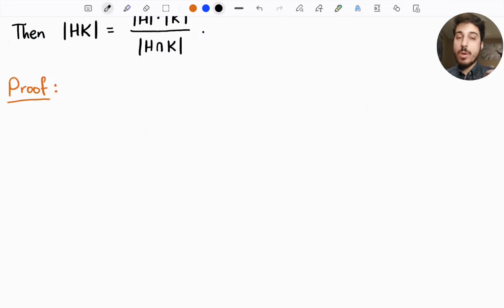To prove this proposition, we will start by rearranging the elements in HK.